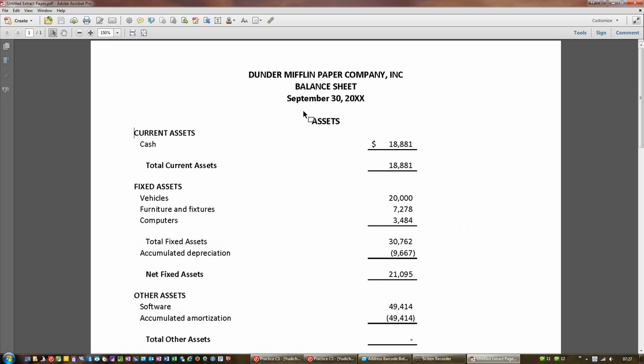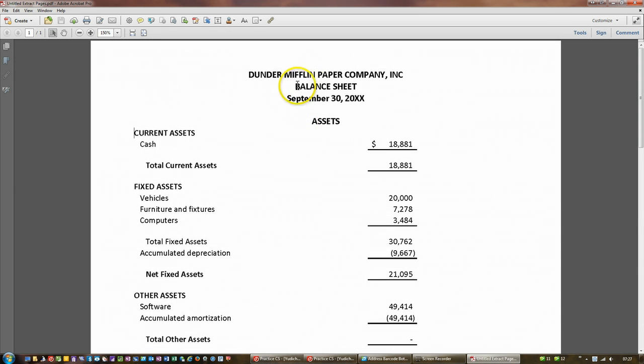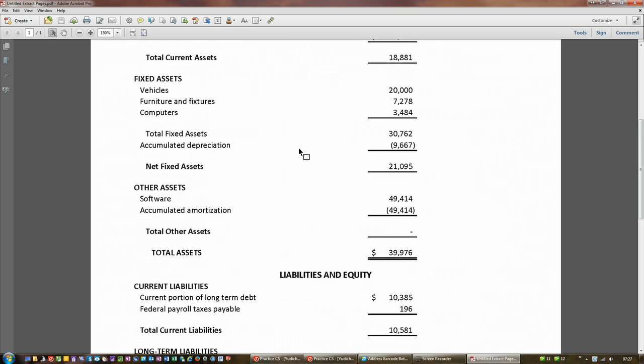Okay, so let's go ahead and talk about the balance sheet. We've got two major sections. We've got our assets section, and then we've got our liabilities and equity section. Now, why do they call it a balance sheet? Because it balances. If the balance sheet did not balance, they wouldn't call it a balance sheet.